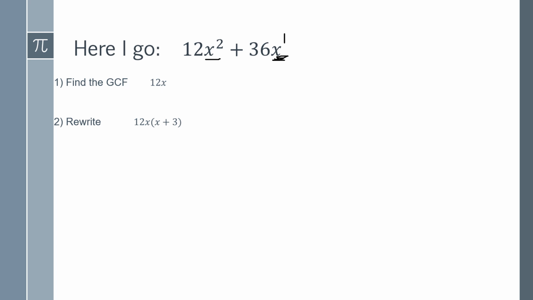Of course, we could double check our work and multiply all this, and we would get 12x squared plus 36x. So I may ask you to check your work by using your distributive property, which makes it possible for expressions to look different and still be equivalent.